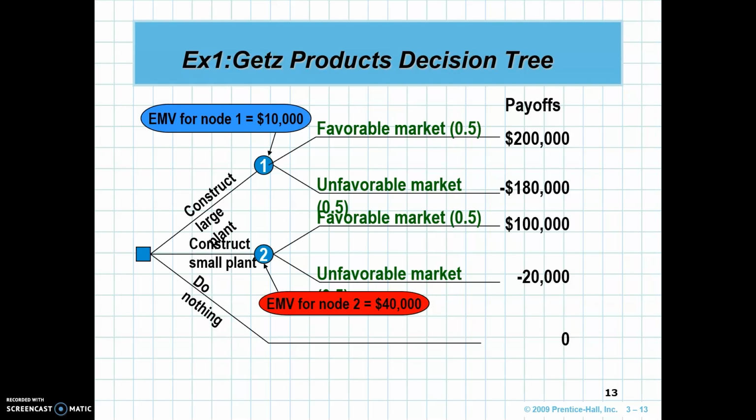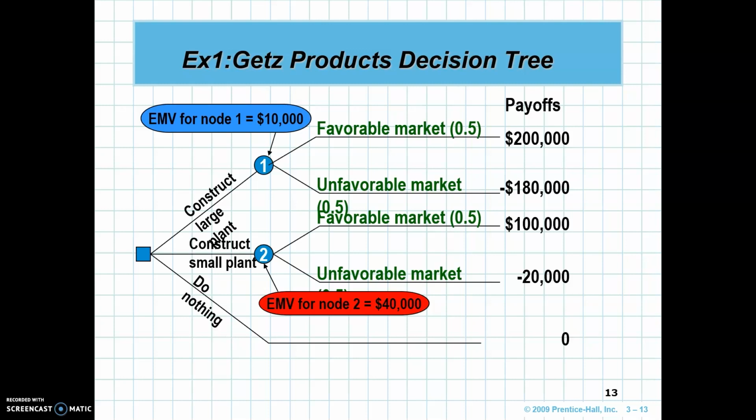Similar to that which we have discussed in the Thomson Lumber case, right? So the name is different, but yes, the outcome or the example is the same, right? So we are solving this using a decision tree. So calculating EMV for alternative one and calculating EMV for node two, right?